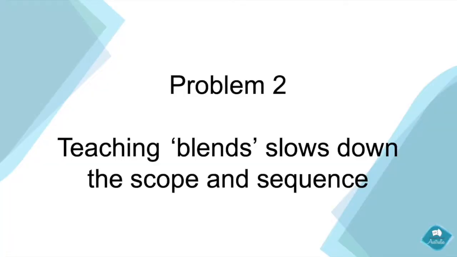Problem number 2, it would slow down your scope and sequence. If you had to add the traditional blends as individual sound units, that extra 28 blends as beginning blends and the 48 blends as end blends would need to be incorporated into your scope and sequence.